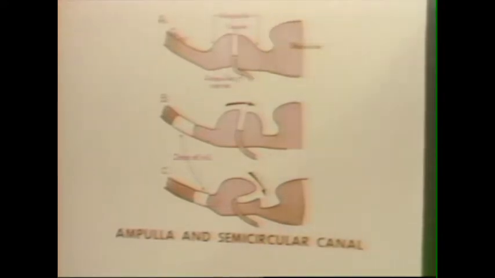So that if we can get the endolymph moving and then suddenly stop the person, the inertia will move the endolymph in a way to indicate motion in just the opposite way. So that if you rotate a person and suddenly stop him, then you would see happening the effects of starting, only in the other way.